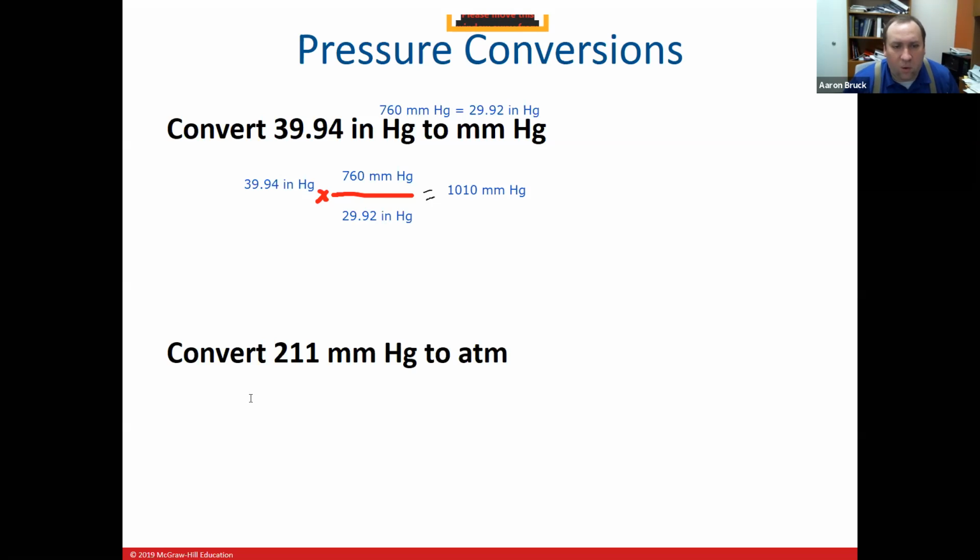In the second question, I'm asked to convert between millimeters of mercury and atmospheres. I know that there are 760 millimeters of mercury in 1 atmosphere, so my process is going to be pretty similar. 211 millimeters of mercury. Set up my dimensional analysis to do the unit conversion.